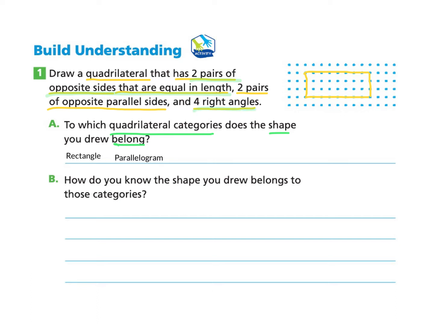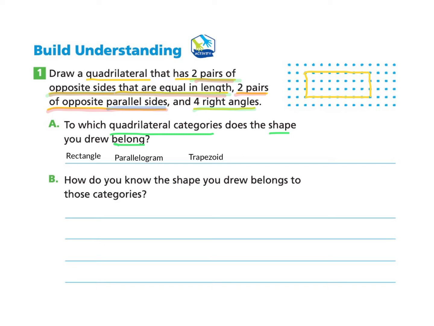I also know that it's a parallelogram because it has two pairs of opposite parallel sides in addition to having the two pairs of opposite sides that are equal in length. I also know that it is a trapezoid because it has at least one pair of parallel sides.